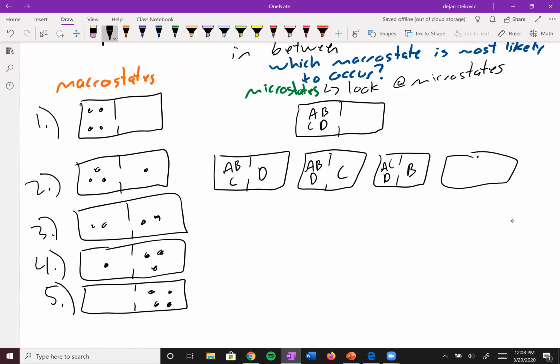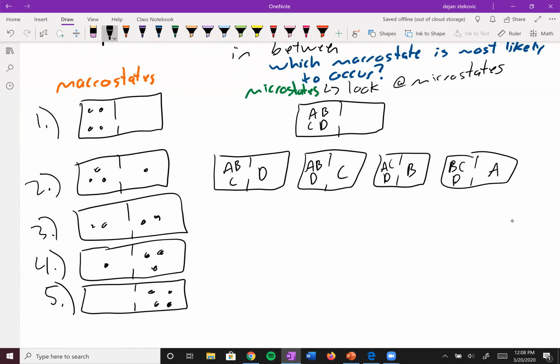Or maybe it's particle A that's on the right. So you can see all 4 of these microstates have the same macrostate. They're all 3 on the left, 1 on the right. So you can see that this macrostate right here has 4 different microstates, whereas this top macrostate only has 1 microstate.